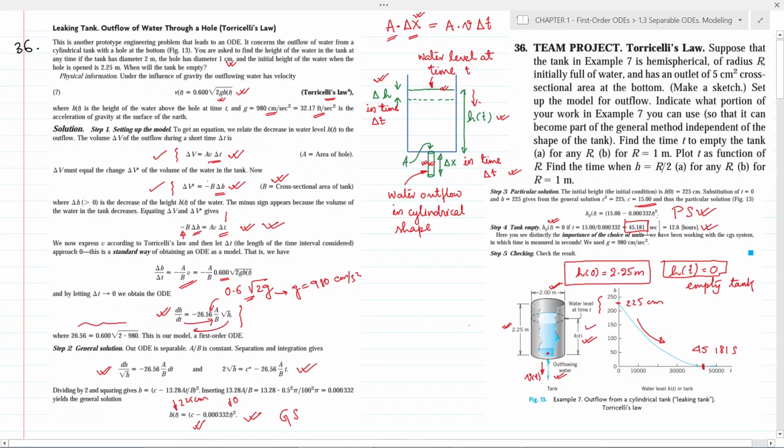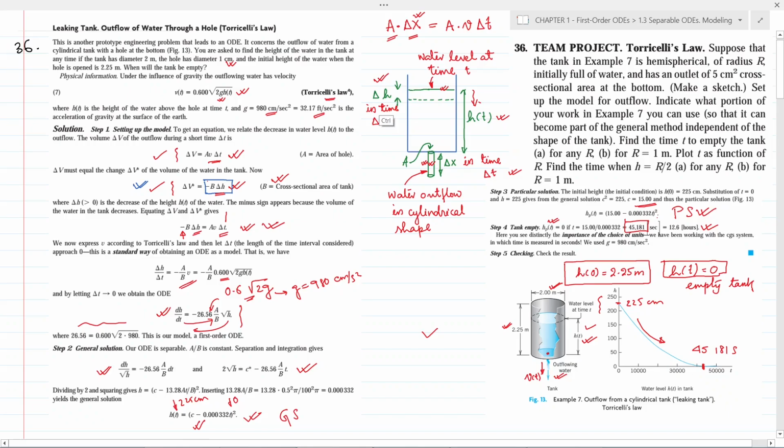We can use this example to solve problem 36. In problem 36, the tank given is a hemispherical tank, so we cannot use this second equation because the second equation is only for a cylindrical tank.